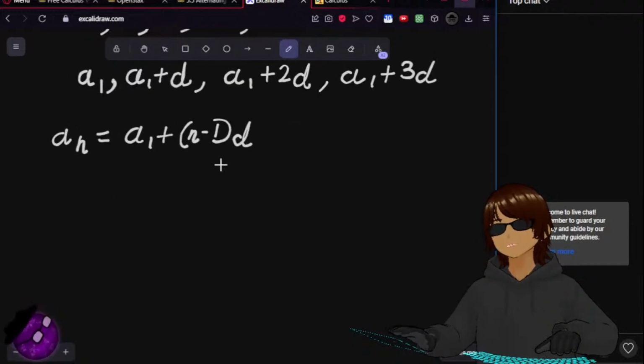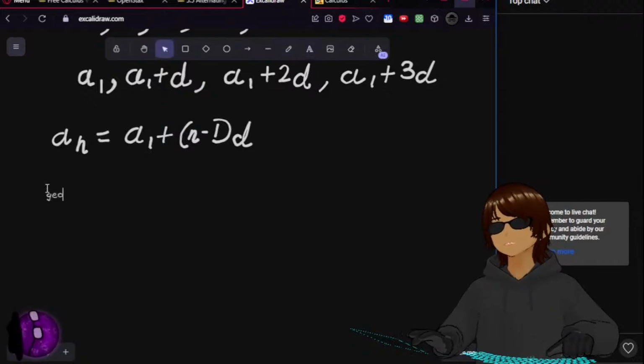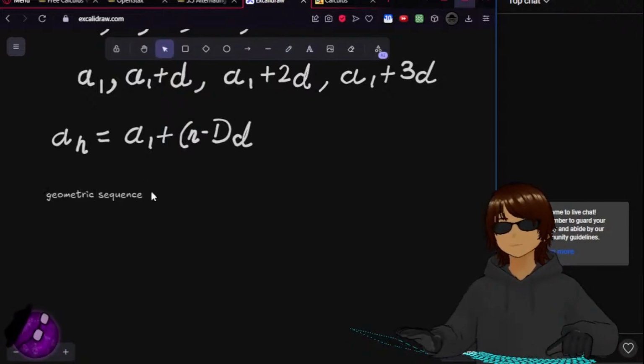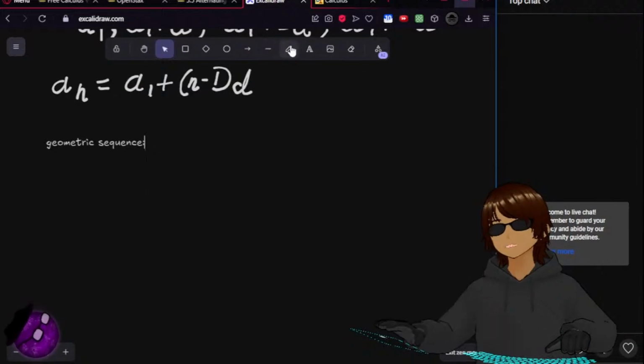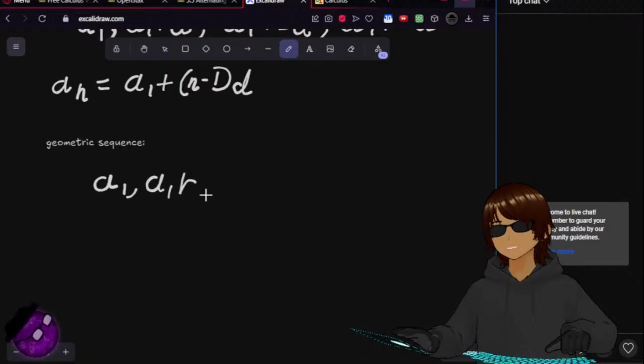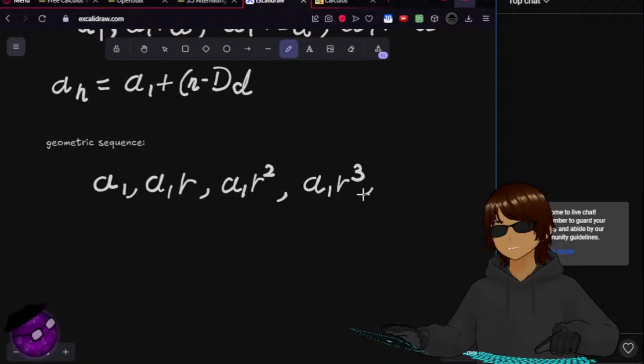Similar to sequence, we also have series. But let me represent another sequence, then I will go to series. So the next one is the geometric sequence, where there's a constant ratio being multiplied. So A1, and then you have A1 times R, so the previous term times R, then A1 R squared, A1 R cubed.